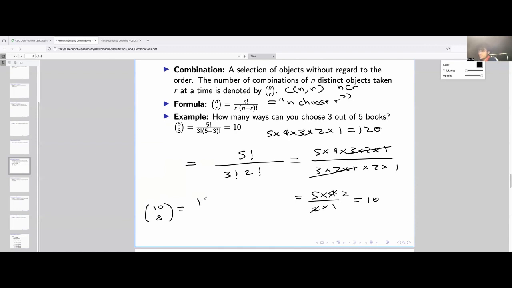So it basically ends up being 10 times 9 over 2 times 1, which is just 45. Okay, so do use your cancellation skills. This will help you a lot, especially when you don't have a calculator.